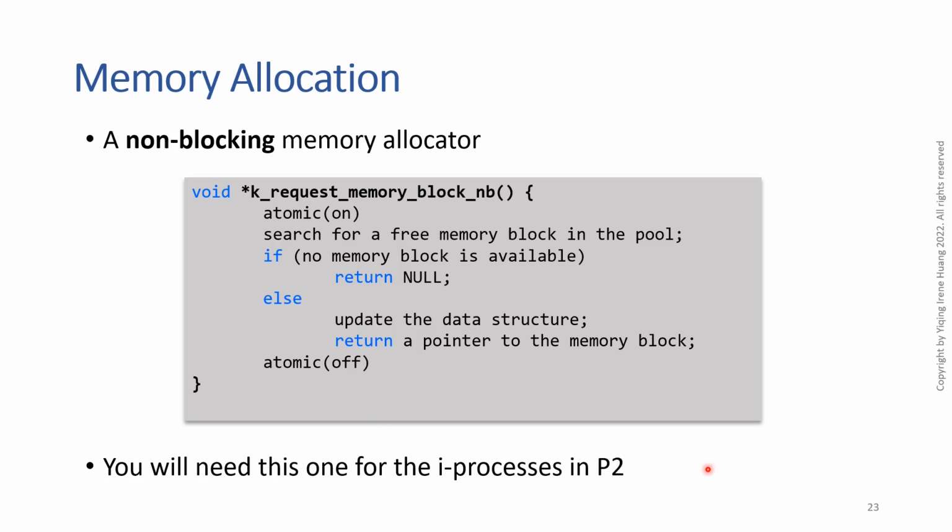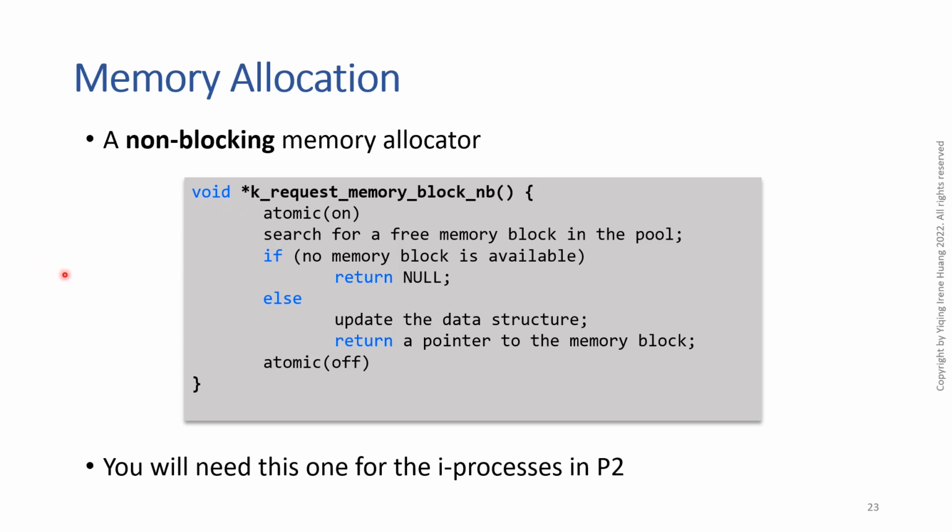Well, you need this kernel function for P2 anyway, so it's good to start doing it right now. And this non-blocking version will also make us decouple from part B of the process management. In the rtx_ext.h file, I have also defined the user level system call that corresponds to this kernel function, so that you can call it.